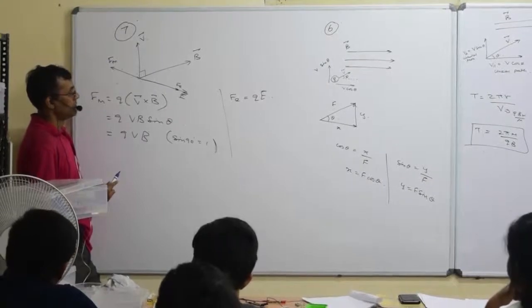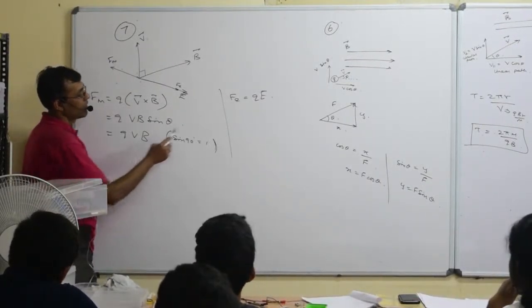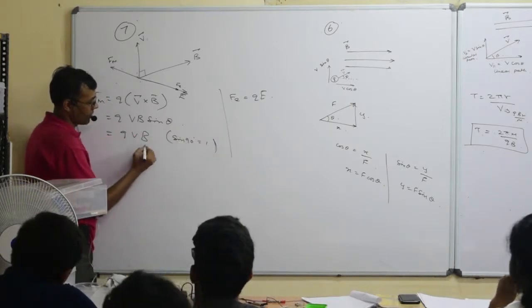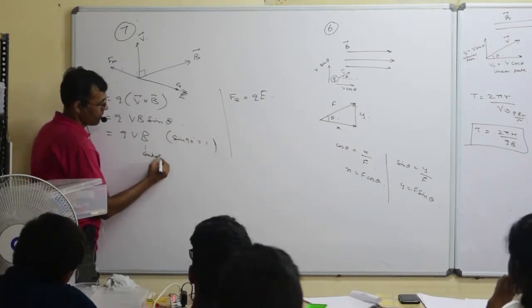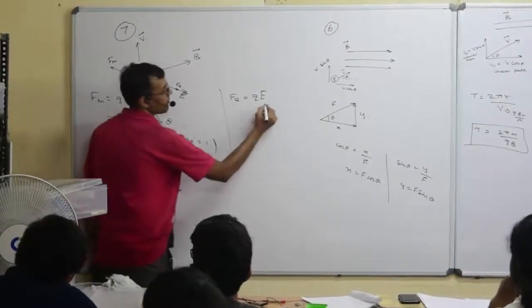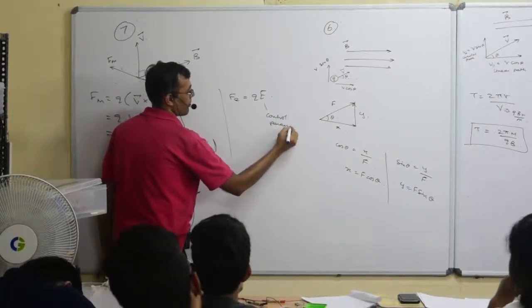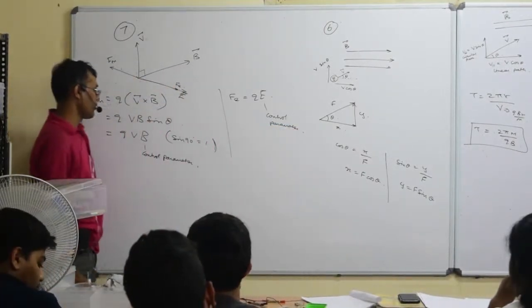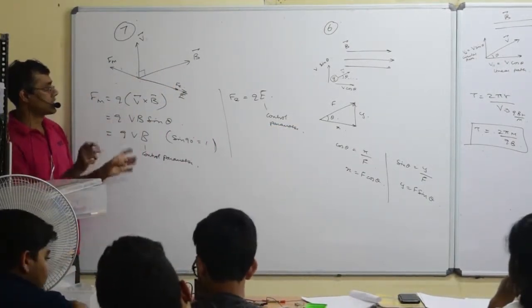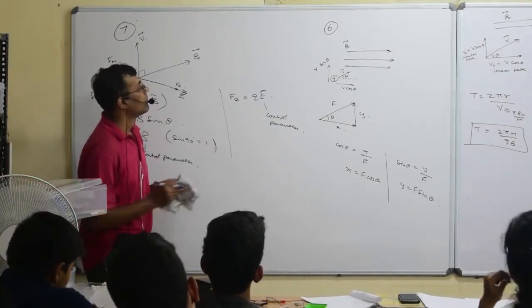So let's see. So I said these two are control parameters. I can control them. Suppose I say that I'm adjusting the values such that this is equal to this, right?